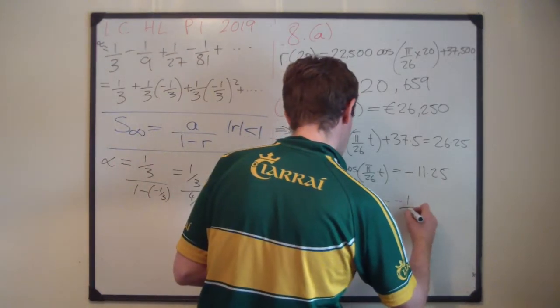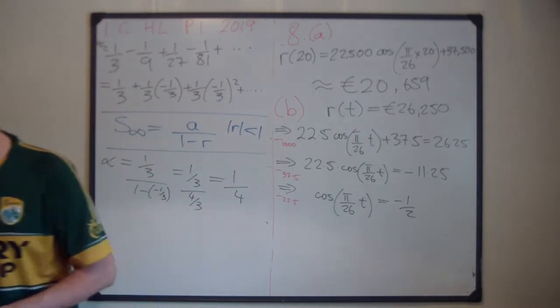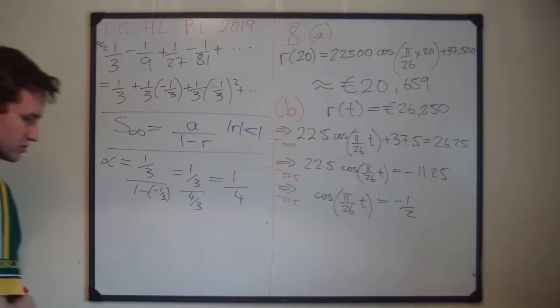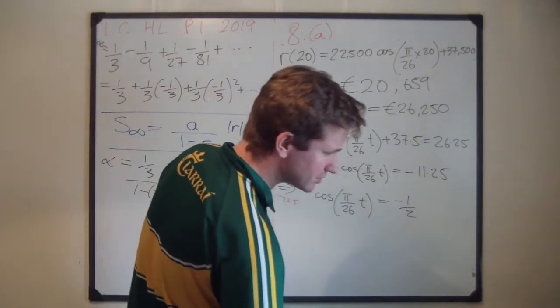The numbers, I'm sure, chosen carefully. Now here you get into trouble because they're asking for two solutions, and if you just do an inverse cos, you're not getting the full story exactly.